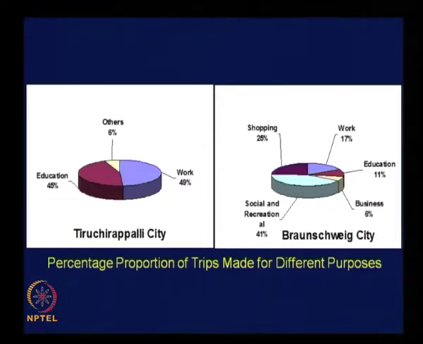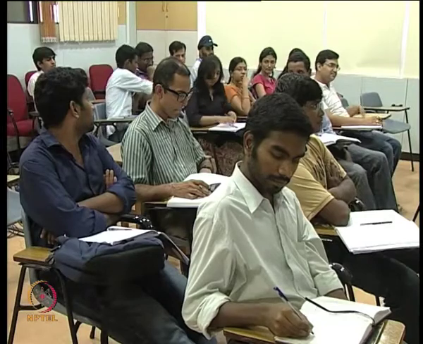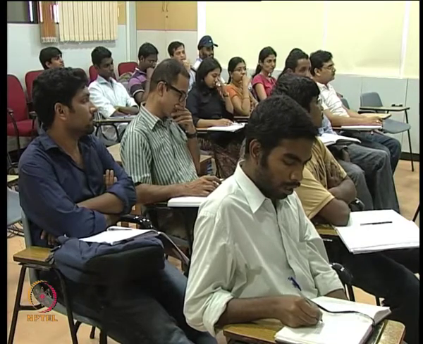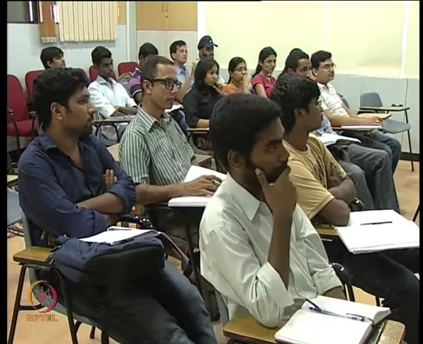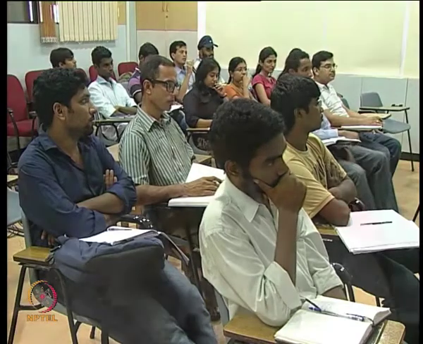Why then are the percentages less in the case of Brunswick compared to Tiruchirappalli? The total trips made in the Brunswick city must be much higher. So the percentile distribution of work is only 17%. Yeah, that is a point. The total trips made, or the mobility rate, is very high.